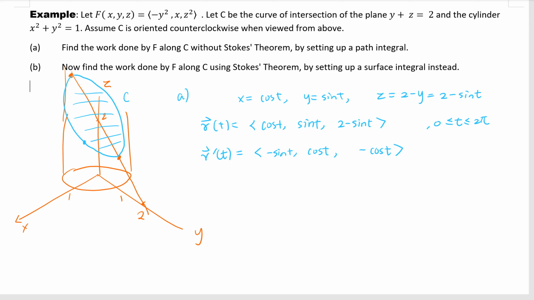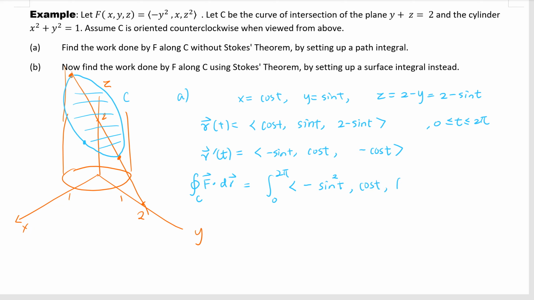Okay, let's continue. So the line integral on C is then, well, t goes from 0 to 2 pi. Okay, our vector field: minus y squared. Y is sine t, so sine t squared. X is cosine t.